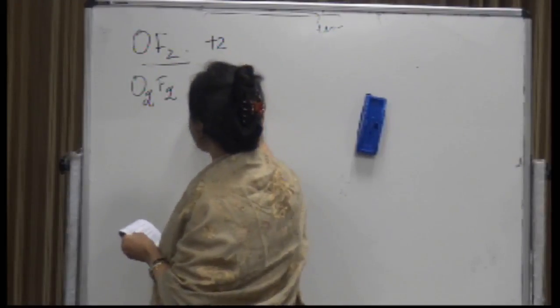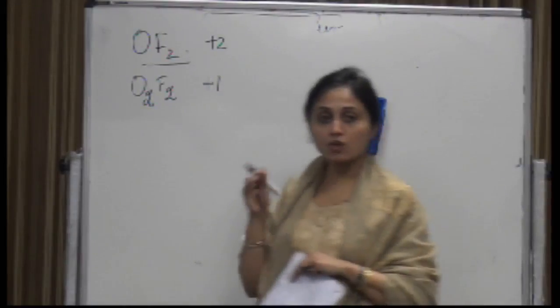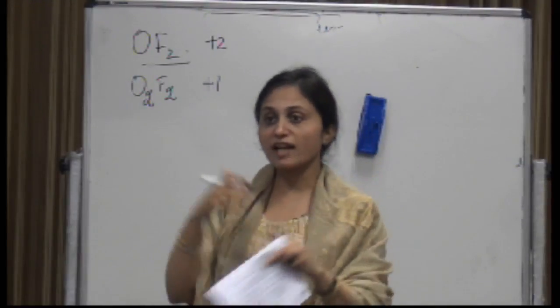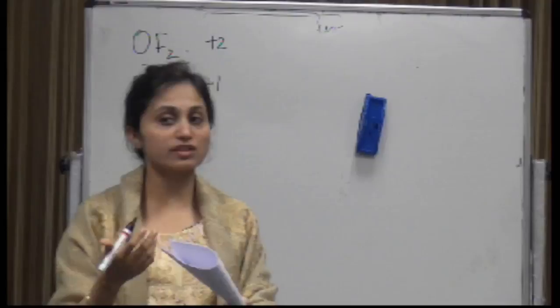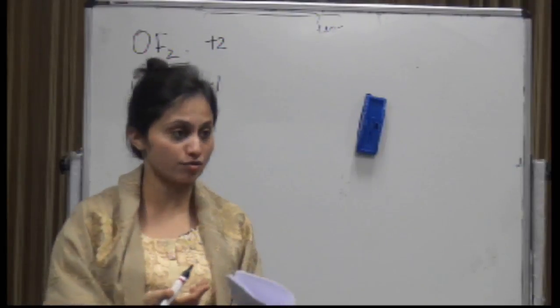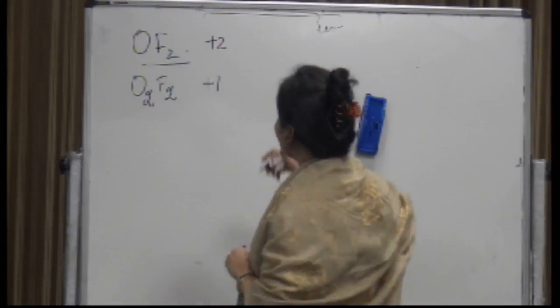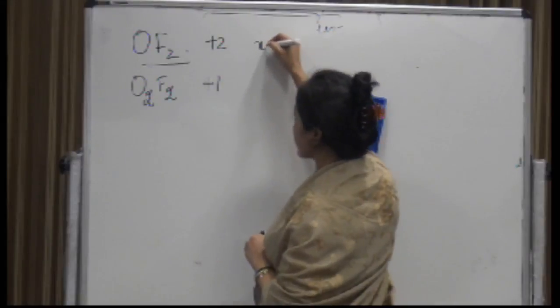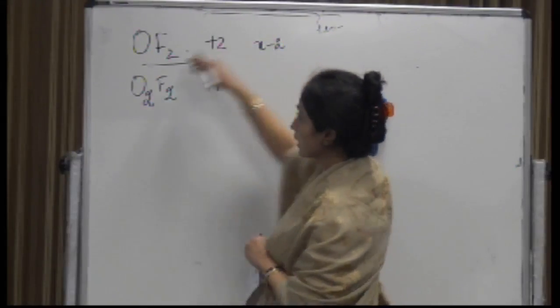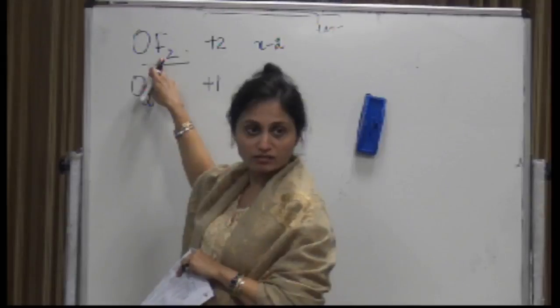+2 and +1, because oxygen and hydrogen are mainly important. The entire redox that you've understood till now is in terms of giving and taking of oxygen and hydrogen. So here you have oxygen, take it to be x -2, because fluorine is -1.